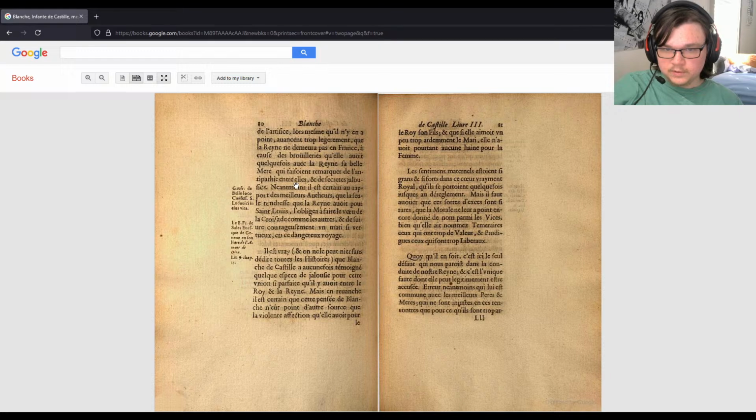Antipathy between the two and discrete jealousies.